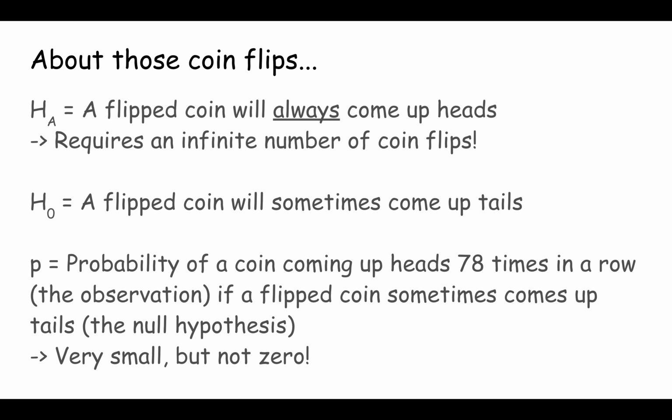And your p-value is the probability of a coin coming up heads 78 times in a row, that's your observation, your outcome, if a flipped coin sometimes comes up tails. That's your null hypothesis. So it is theoretically possible to flip a fair coin 78 times and have it come up heads 78 times in a row. It's very small, but it's not zero. That's what your p-value is giving you.